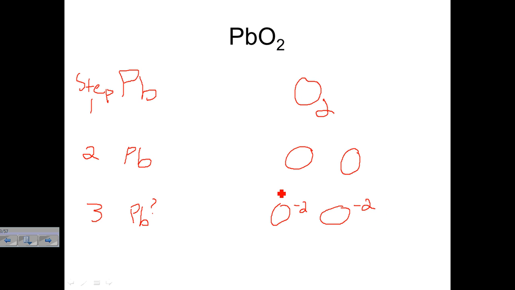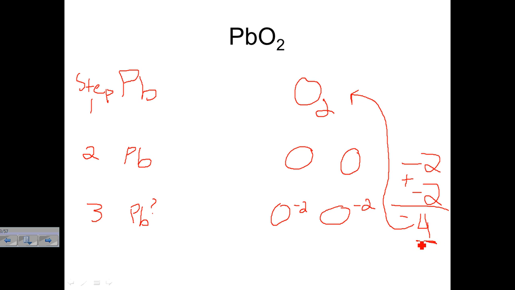If you have 2 -2s and you add them together, my total answer is going to be -4. So that means my total charge on my oxygen side here is -4.